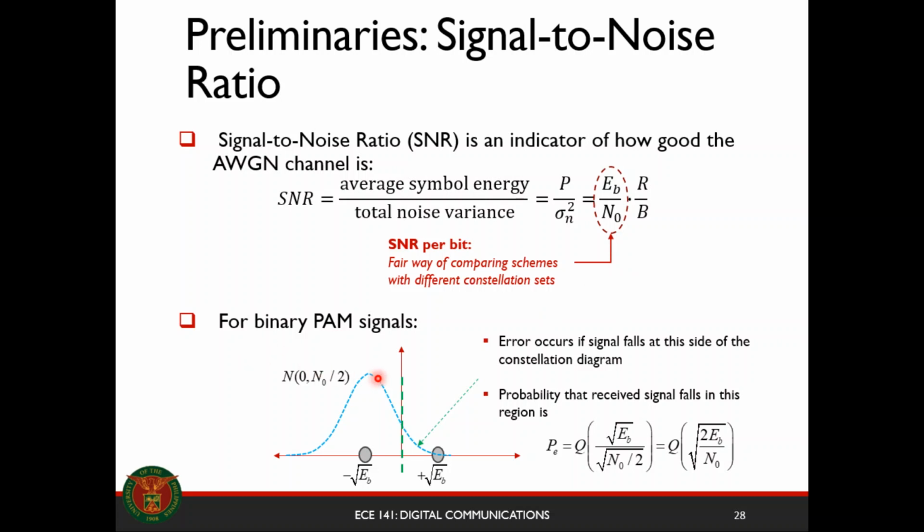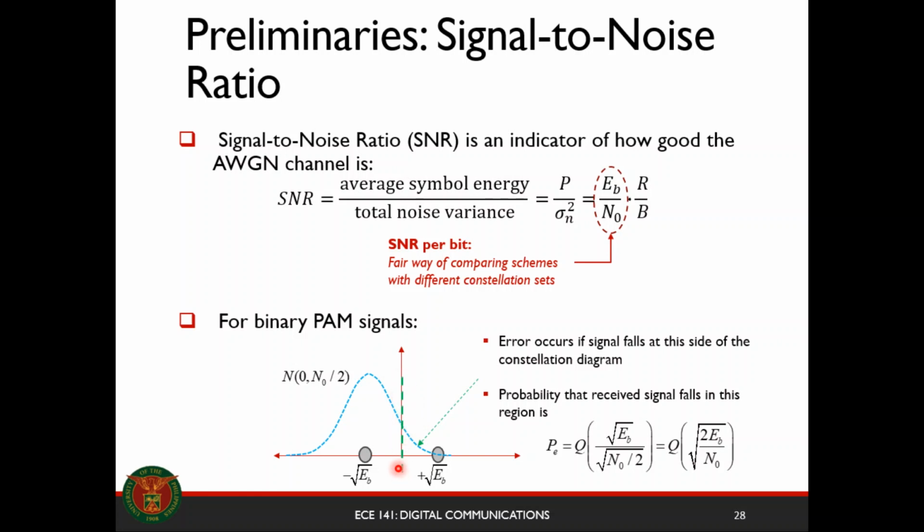So for binary PAM signals, an error occurs when you cross the decision boundary. If you transmitted this, your received signal will be distributed over this mean, and an error occurs if you cross over your decision boundary.